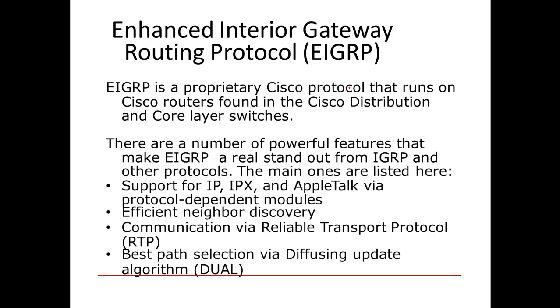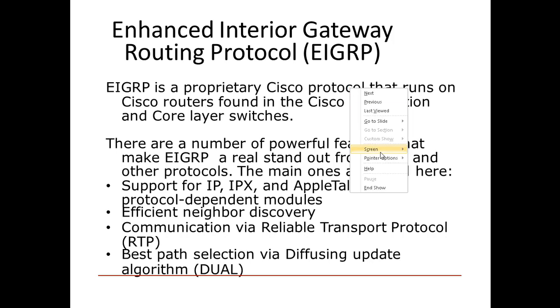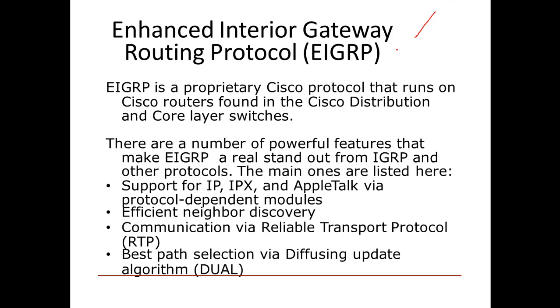And the reason is because it has combined the good versions of both distance vector as well as link state routing. So you know that there were two kinds of routing. The first one was distance vector routing, and the second one was link state routing.